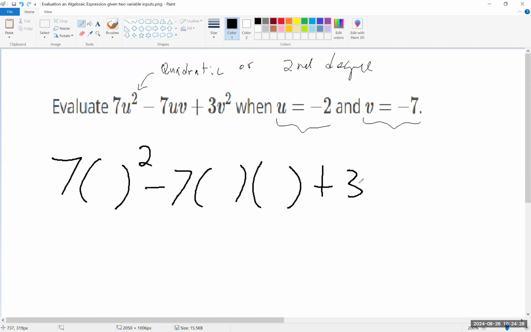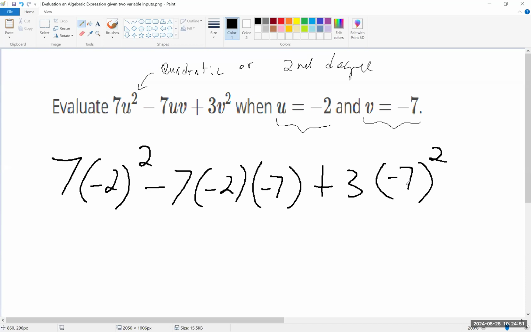And the same here in this last one, it's a v. So let's plug in a -2 here. Then a -2 and a -7. And this is a v, so that's a -7.